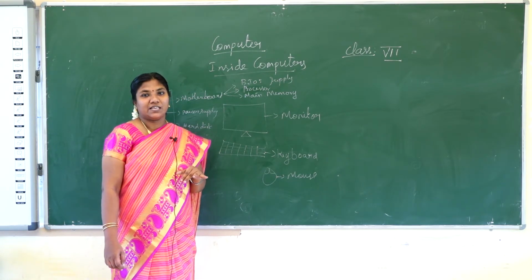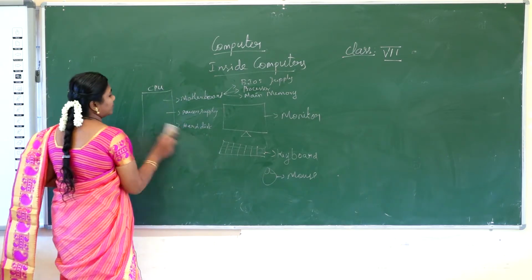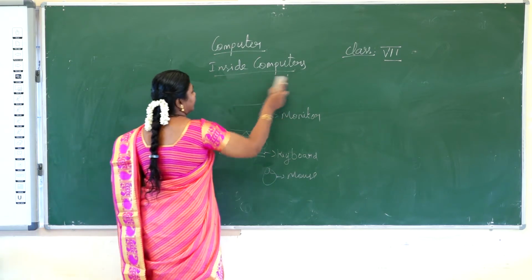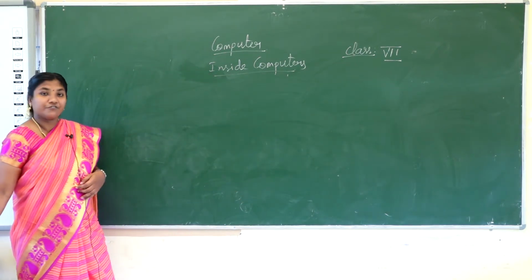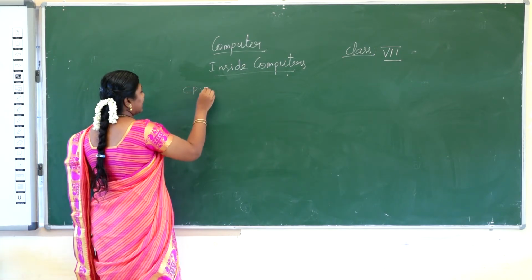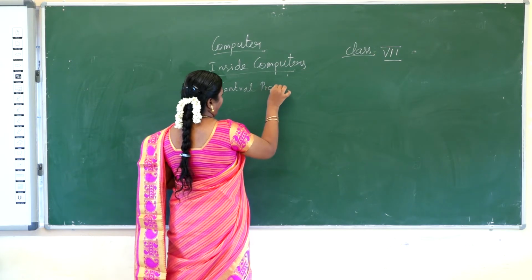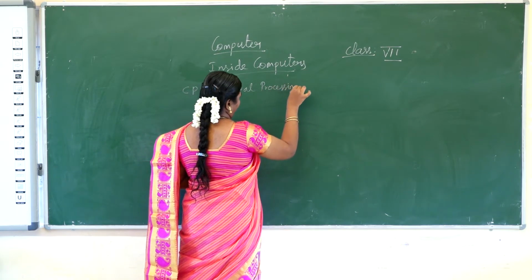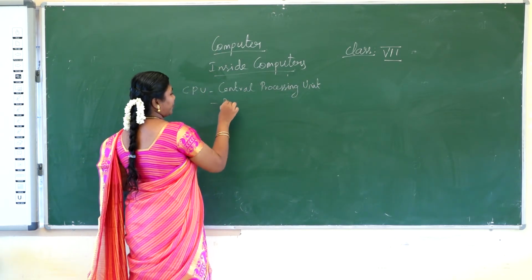Next we are going to see, what do you mean by a CPU? What is the full form of a CPU? Central Processing Unit. This is the brain of the computer.